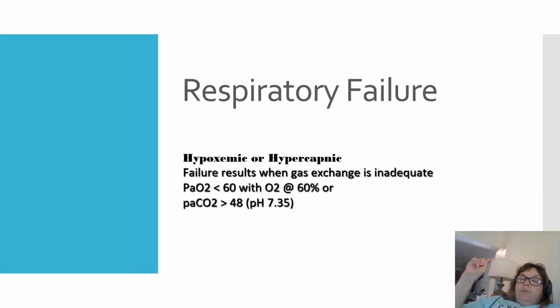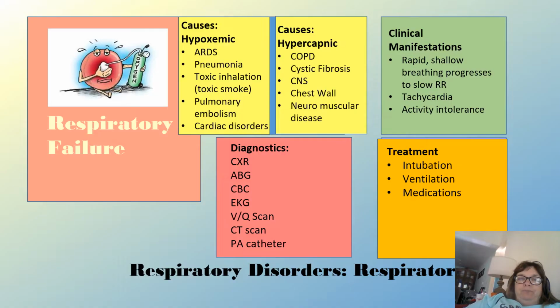So if somebody is requiring 60% of oxygen or higher and still has a PaO2 of less than 60, that's pretty severe. Additionally, it can be hypercapnic, where they have a PaCO2 of greater than 48 with a pH of 7.35.